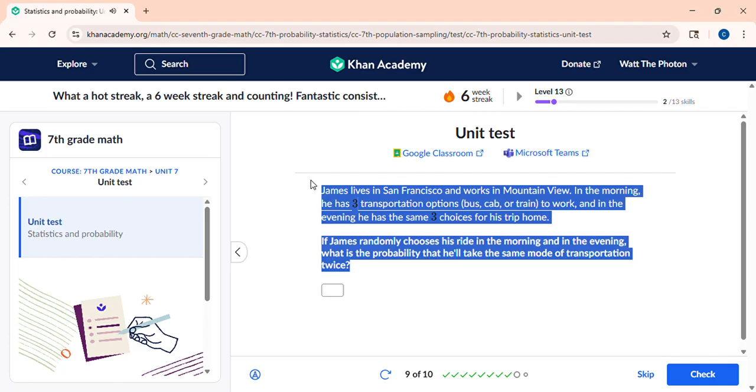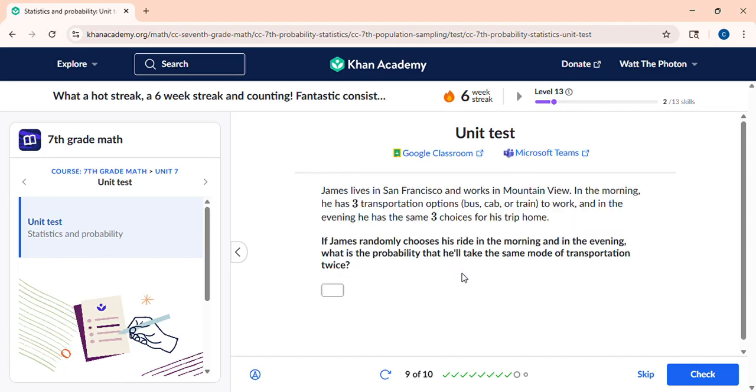James lives in San Francisco and works in Mountain View. In the morning he has 3 transportation options, and in the evening he has the same 3 options. If he randomly chooses his ride in the morning and the evening, what's the probability that he'll take the same mode of transportation twice? There's a 1/3 chance he'll get a bus, cab, or train.